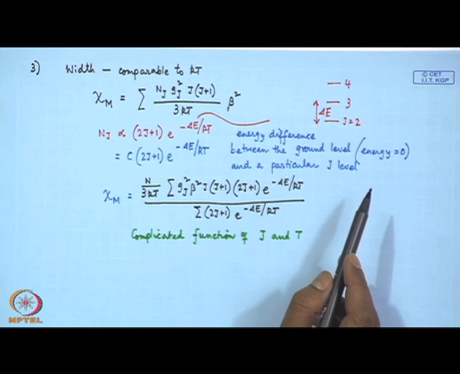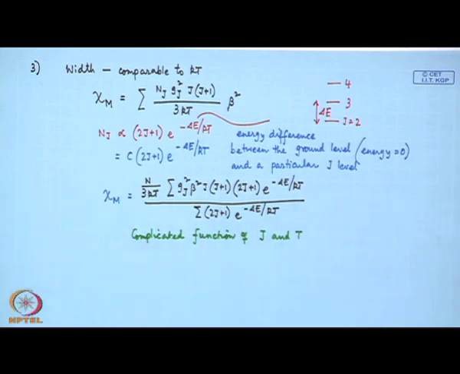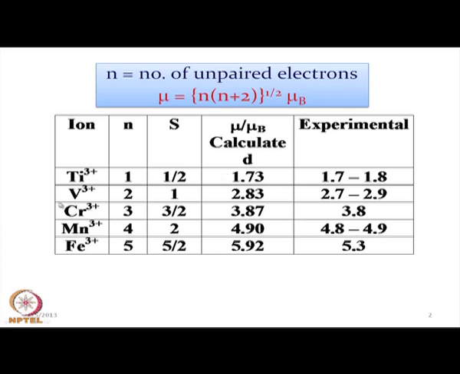So, if we apply the different terms for these different values, what we have seen for titanium, vanadium, chromium, manganese up to copper 2 plus is what we can calculate in terms of the corresponding values with respect to the S value.